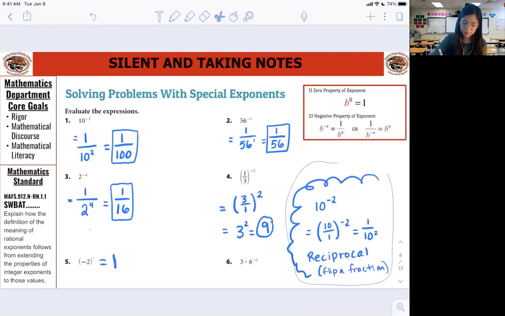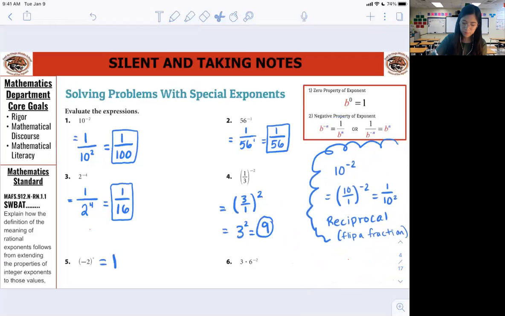Okay, gonna move this over. Now, here's this last one. For the last one, I have multiplication and I have an exponent. Following PEMDAS, what do I have to do first? Exponents. Exponent goes first, right? So I have to do 6 to the power of negative 2. What is 6 to the power of negative 2 going to become? 1 over 36.